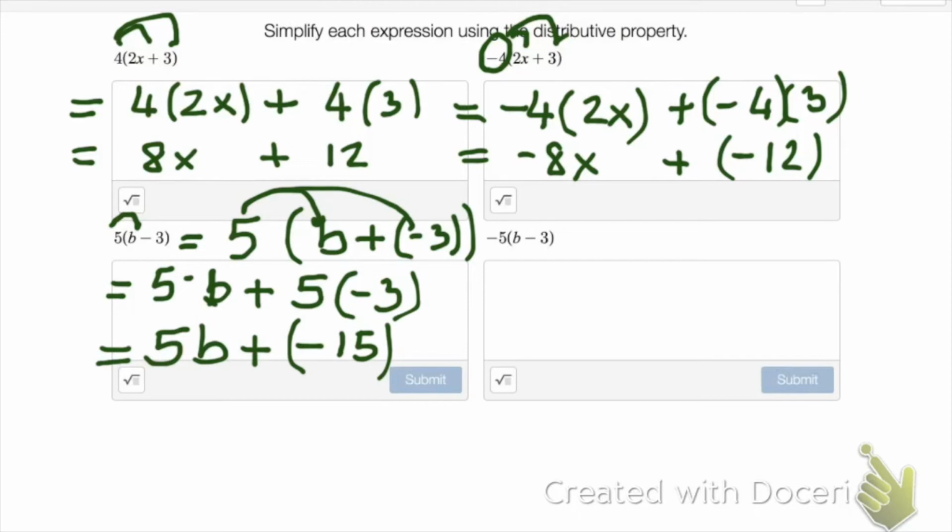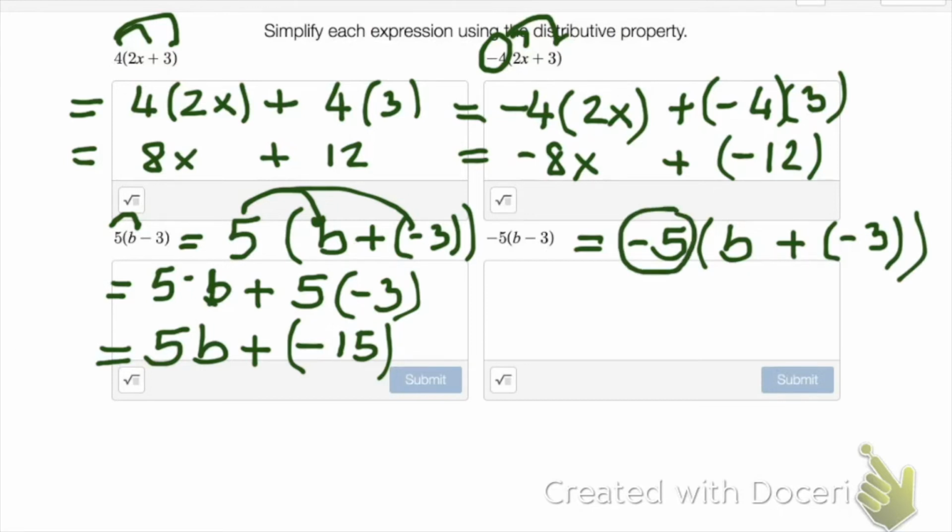So now we realize that there is a negative between the b and the 3. So we need to rewrite the problem. So negative 5 times b plus negative 3. Okay, so we're gonna circle the negative 5, so we're gonna say negative 5 times the first term, which is b.